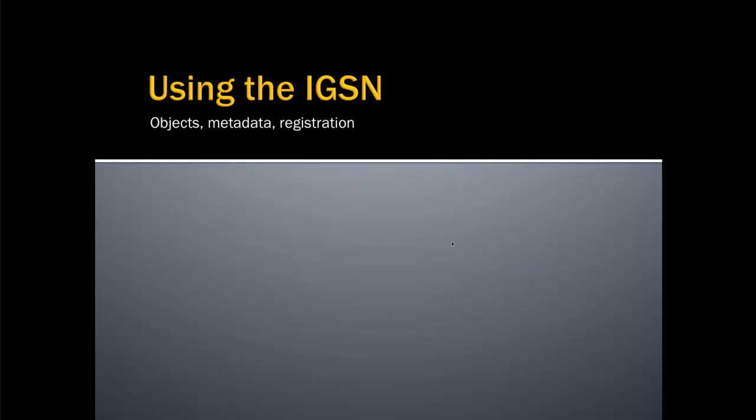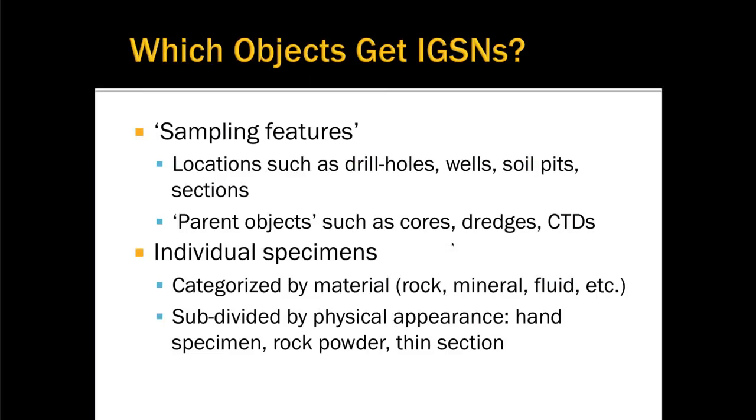So moving on to the use of the IGSN, I just want to talk a little bit about what objects should be registered, what objects should have IGSNs, what are the metadata that we currently collect, and how does the registration work. So which objects? Currently we have basically two levels of objects.